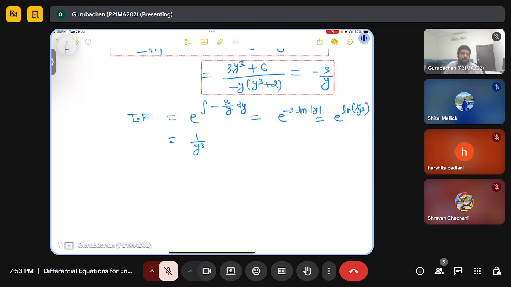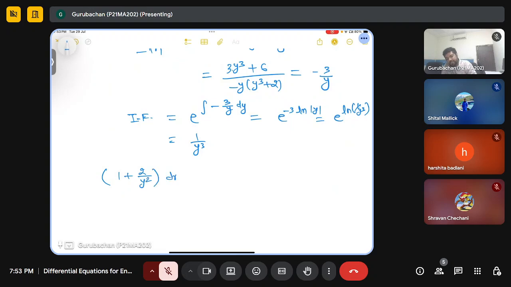So that means 1 by y cube will be the integrating factor of our original differential equation given in 1. So we have to multiply it with this. So this will give 1 plus 2 by y square dx plus x plus 2y minus 4x by y cube dy is equal to 0.